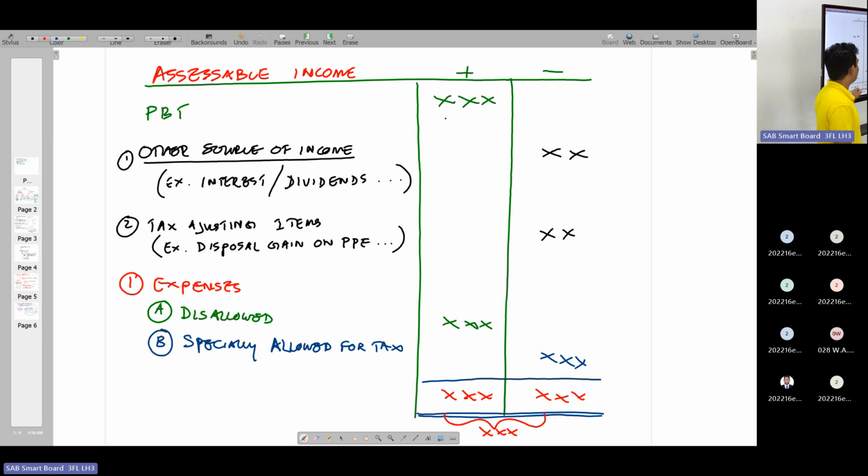So the difference between plus and minus side is the assessable income from this.